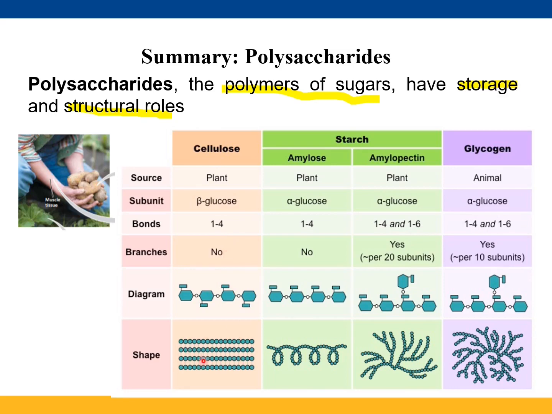And remember, they are parallel because they form this parallel structure, this microfiber that can be very useful as a building material in plants. The amylose has a coiled structure, and the amylopectin and the glycogen have this branched structure. So I think hopefully this chart can help you to summarize all the things that we learned today.